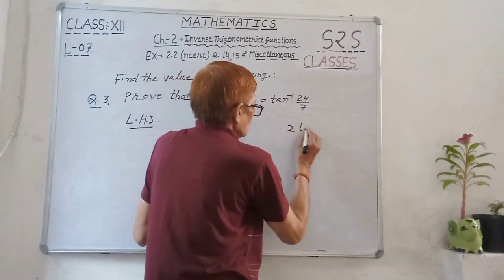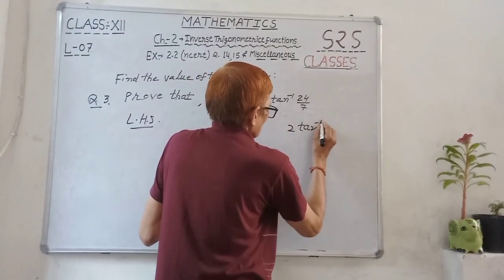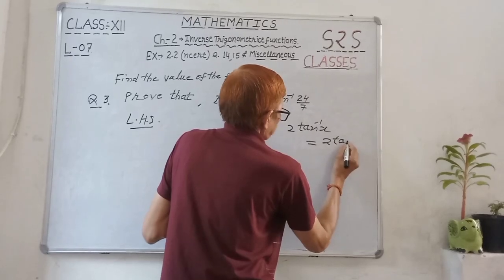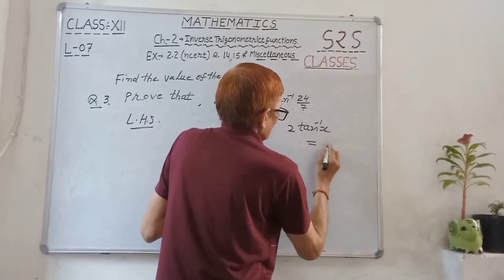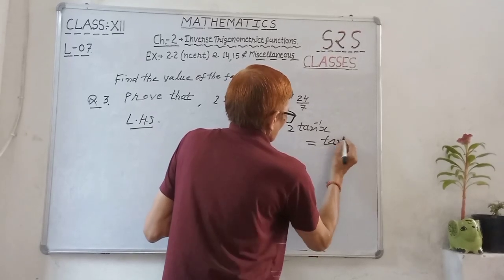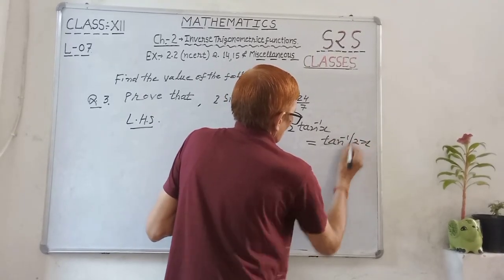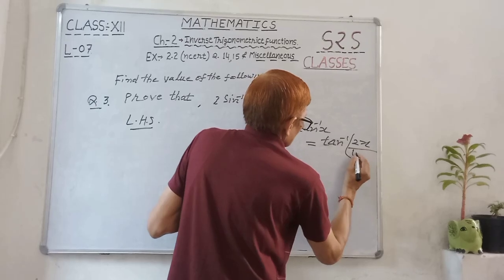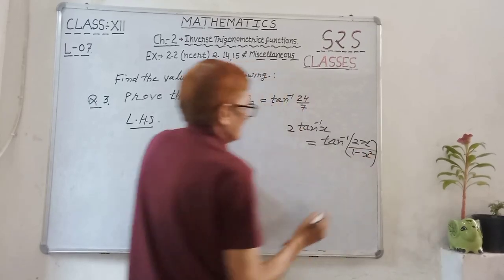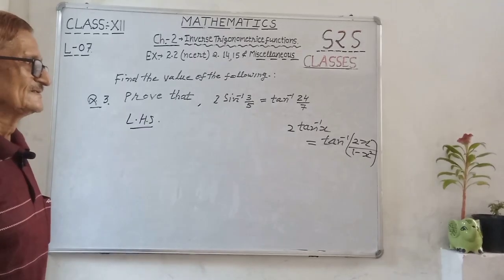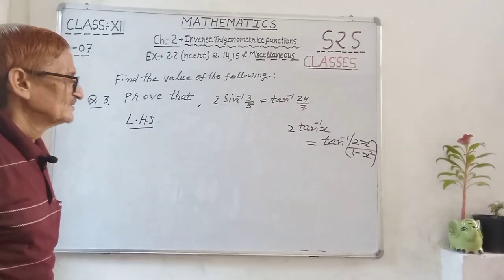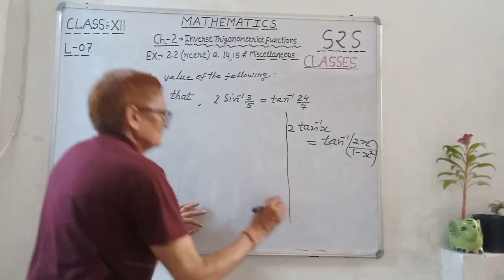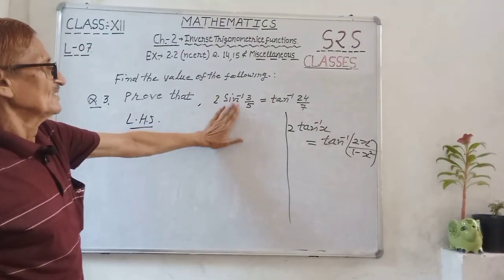What is the formula? 2 tan inverse x is equal to tan inverse of 2x upon 1 minus x square. So we can use this; that is one method.